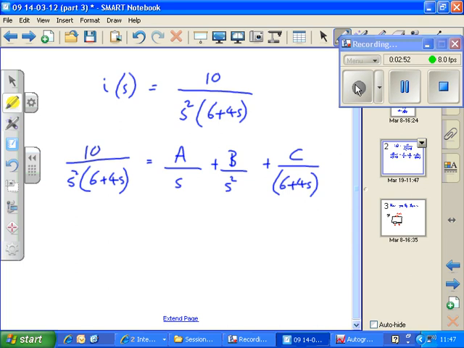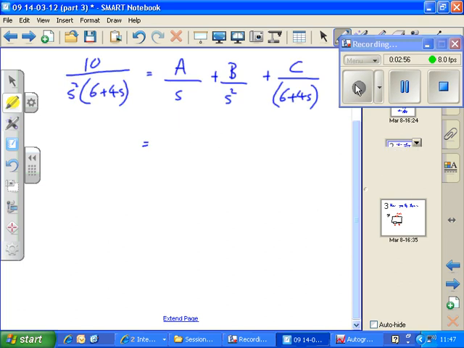Again, we have to effectively cross multiply. To get the denominator s squared into 6 plus 4s in the bottom here, I have to multiply the top by s times 6 plus 4s.